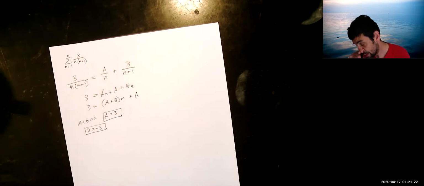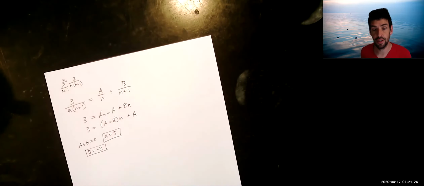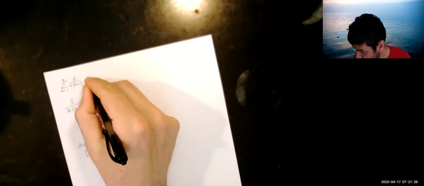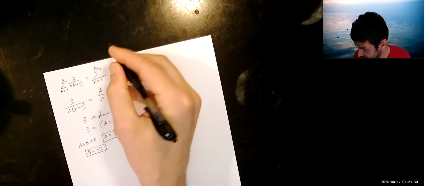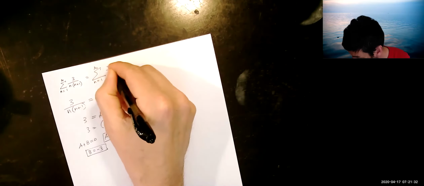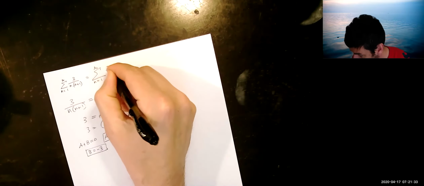Which means the sum that we started with could be written as 3 over n minus 3 over n plus 1. Okay, so now, is this helpful? Well, let's look in particular at the following.